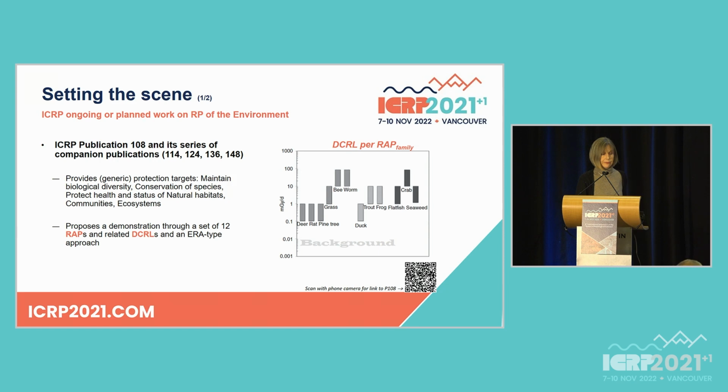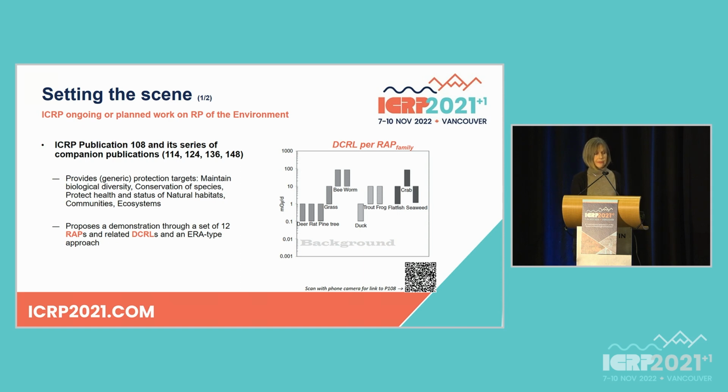In the ERA-type approach, those RAPs are there for assessing wildlife exposure and effects, and the DCRLs serve as benchmark ranges, so that you can use the dose or dose rate estimates to compare to those benchmarks, and finally interpret the likelihood of effect and severity of deleterious effects from ionizing radiation in wildlife and on what is wanted to be protected.